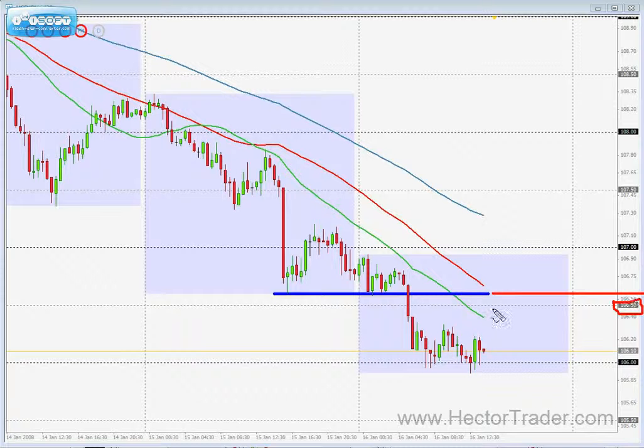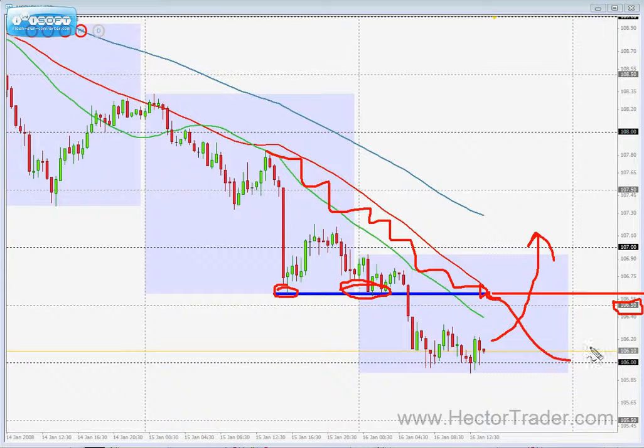10660 to be exact. If price breaks above that level, not only do we break above yesterday's low, we also break above the dynamic area of resistance. And therefore we would be nearing the 100 moving average, which, as you guys know, is a big signal of weakness.